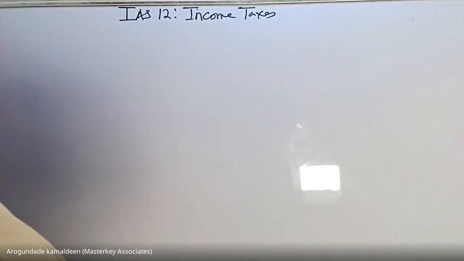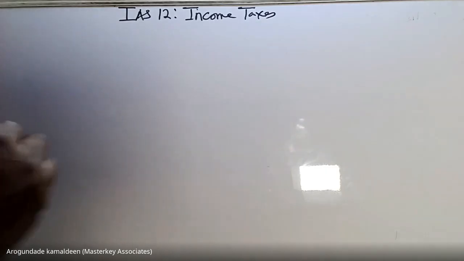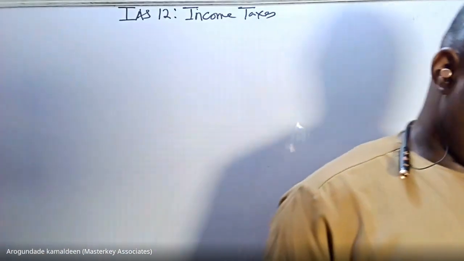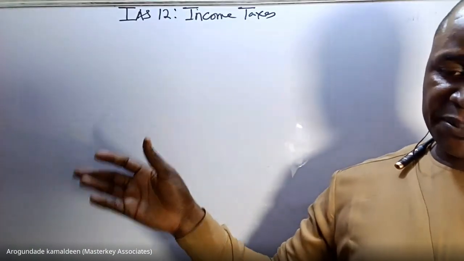So as stakeholders, they are concerned about how we can have a proper accounting for income tax, for transparency and accuracy. So that brought about this IAS 12.